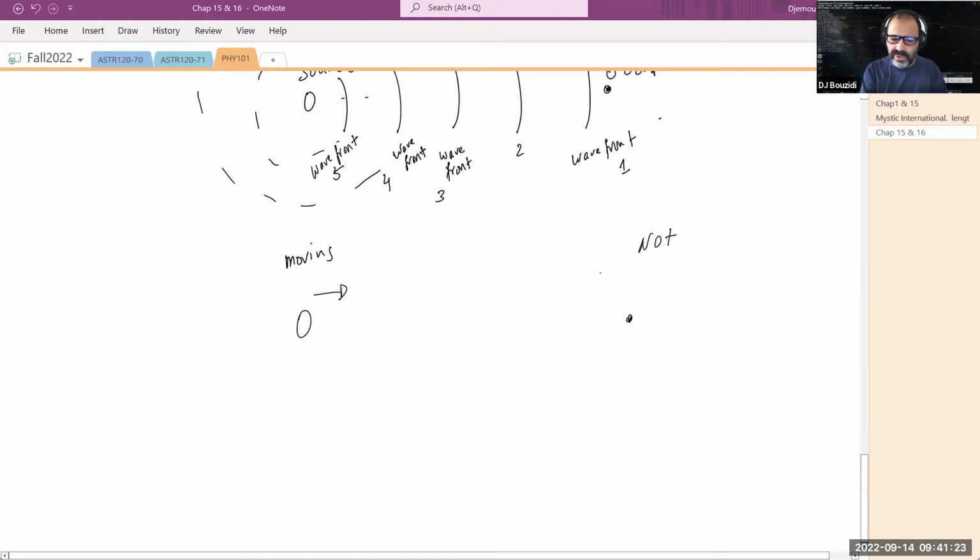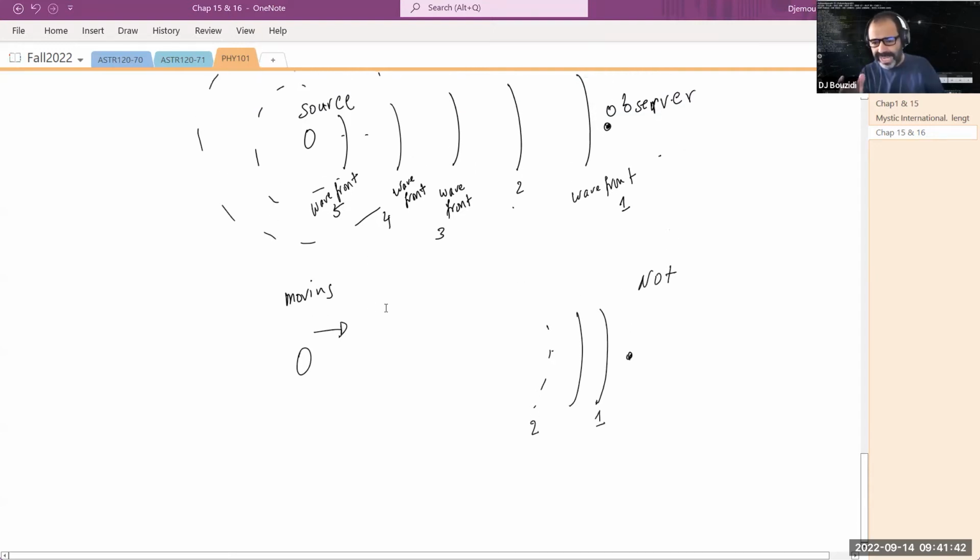When it sent the first front, it moved and sent the second one. So the separation between the first front and the second will be shrunk. By how much? This is where the second front was supposed to be if the source is not moving. But the source moved and then emitted the second wavefront. So this is actually where the second front is.